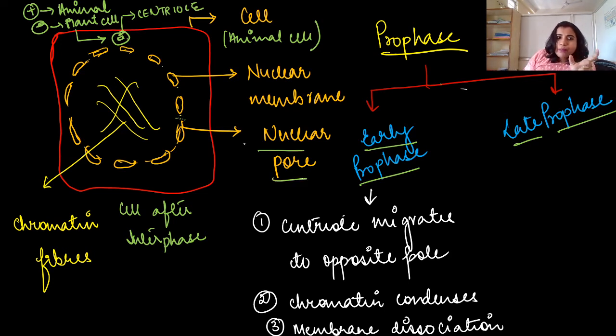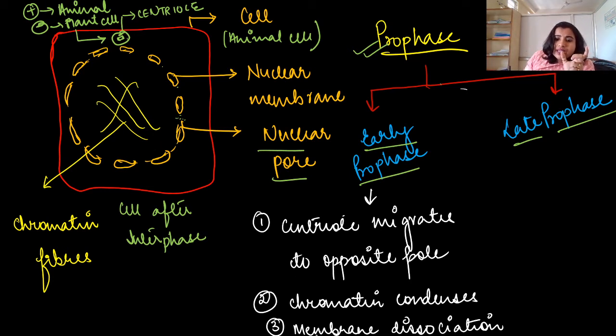Now this cell will undergo certain changes. What are the changes it will undergo, that we have to study, and these changes are very specific in each stage. These are the changes which are going to happen in prophase, right? So what will happen in prophase? First of all, this nuclear membrane will start dissolving.